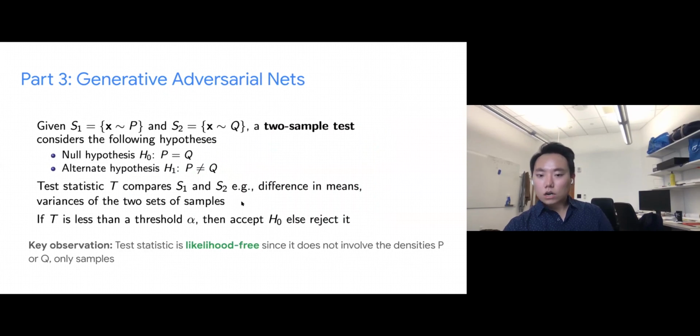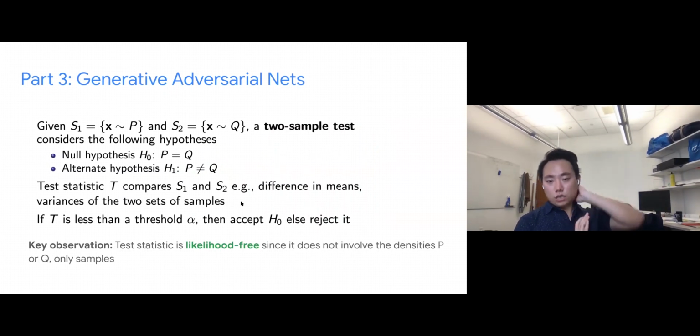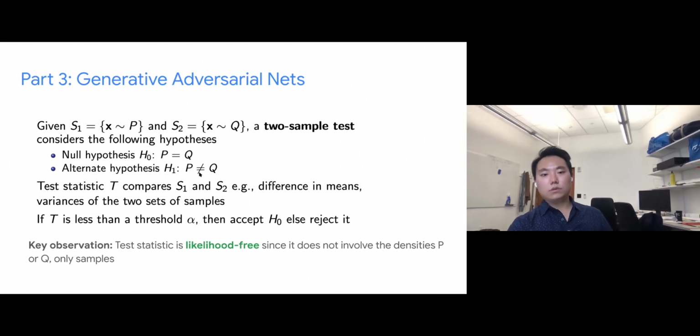This has a lot of statistical theory, and a lot of these things work in low dimensions. But essentially, a lot of the theory behind this works through things called two-sample tests. Given a bunch of samples from P and a bunch of samples from Q, the null hypothesis is that P and Q are the same distribution, and the alternate hypothesis is that P and Q are different distributions. So you want to define a test statistic to compare how different S1 and S2 are. A very simple test statistic is just the mean.